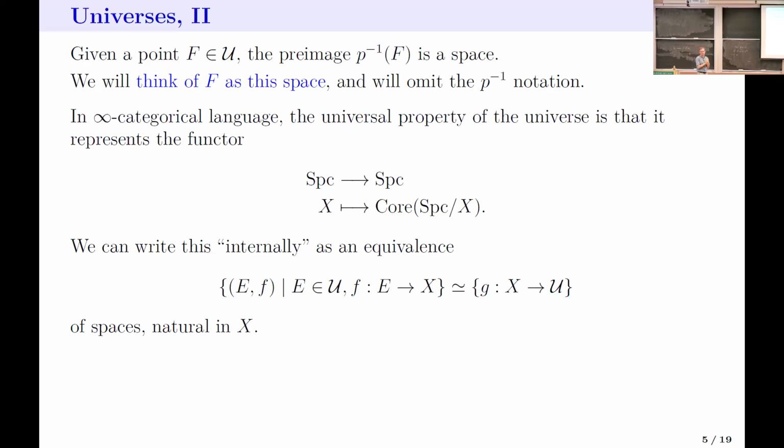And this is the total space of that internal hom bundle. So in infinity topos language, you have these slice categories, you have internal homs in them, and that's what's really going on in that notation.